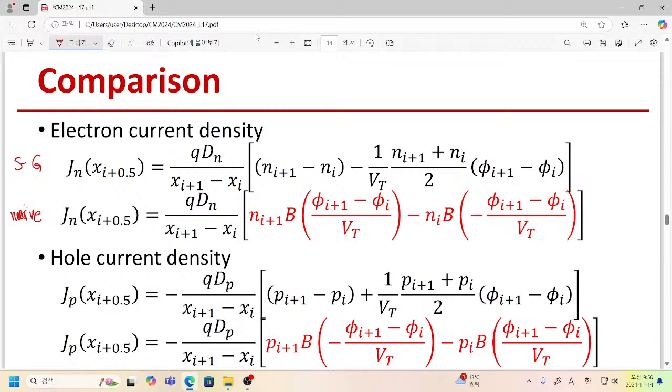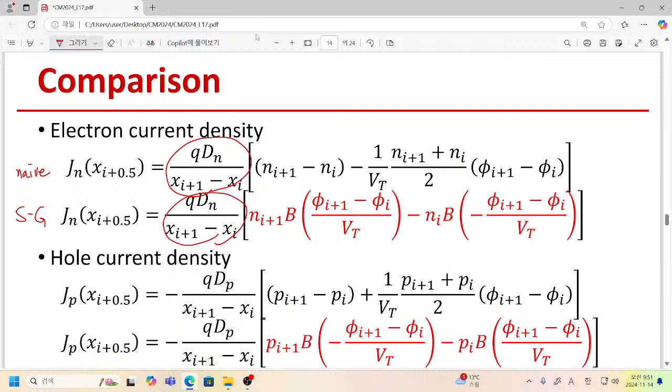This is the same electron current density, and sorry about that, I made mistakes. The upper one is taken from our naive implementation, and the lower one is obtained from our new Scharfetter-Gummel scheme. When you have a look at them, of course they share the constant values, but that doesn't matter.